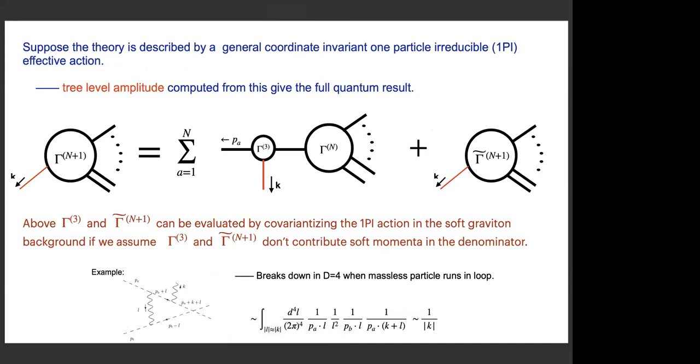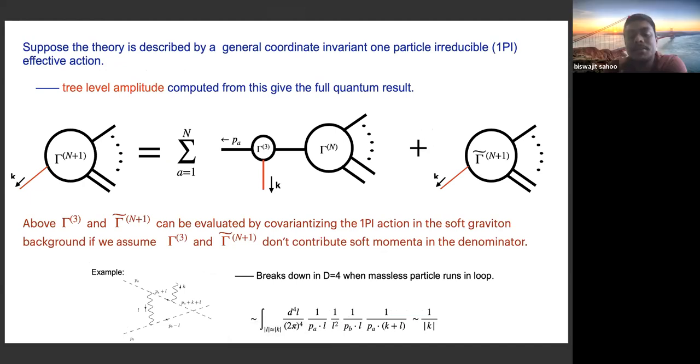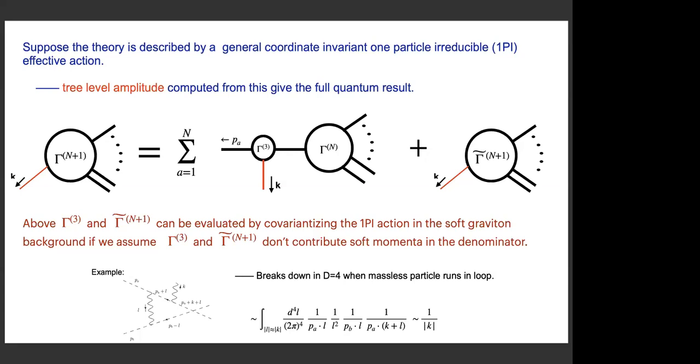Let me make a trivial example. You have your phi cube theory, and you have a 2-to-2 scattering process where you exchange one quantum. Now you tell me I take gamma. Gamma is a 3-point function.